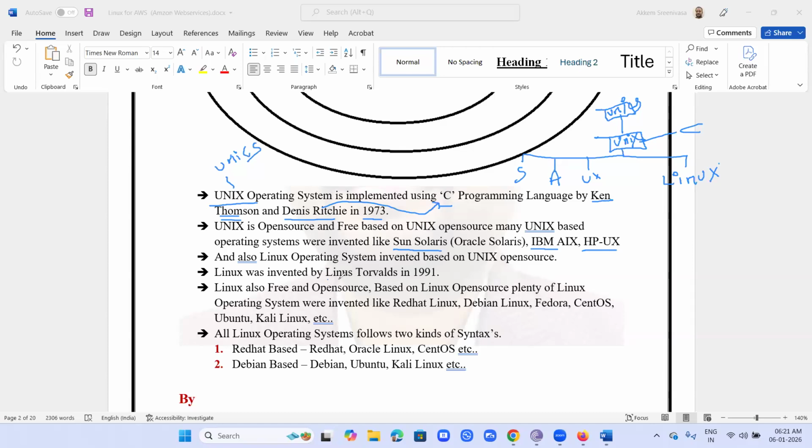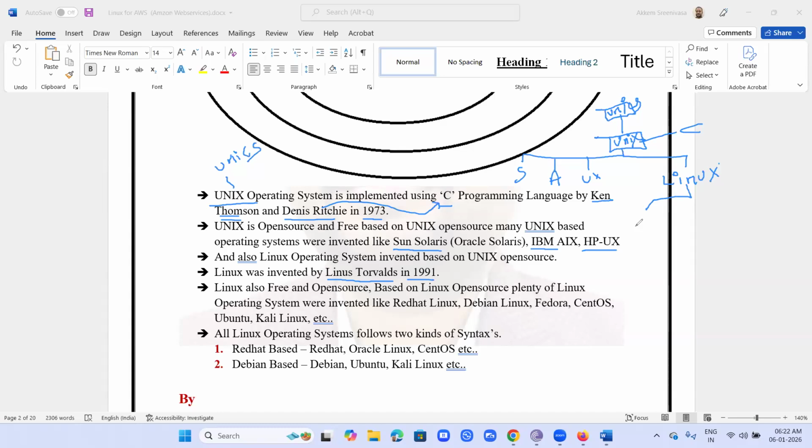Linux was developed by Linus Torvalds in 1991, and they made this one also free and open source. Based on this, 600 plus operating systems were invented.